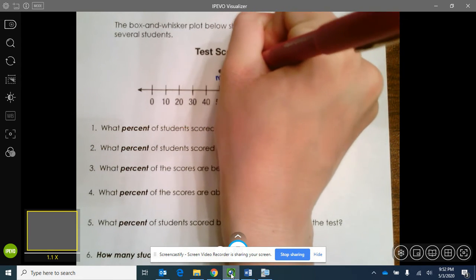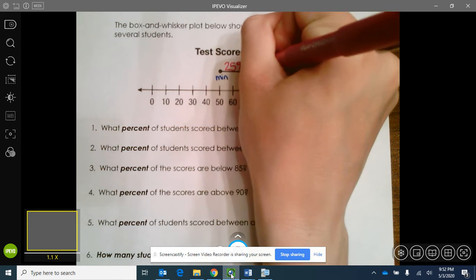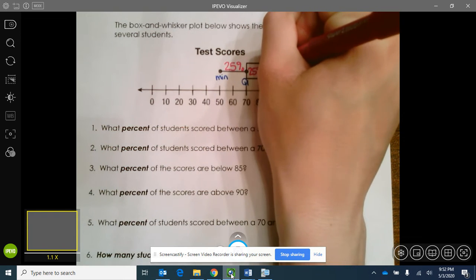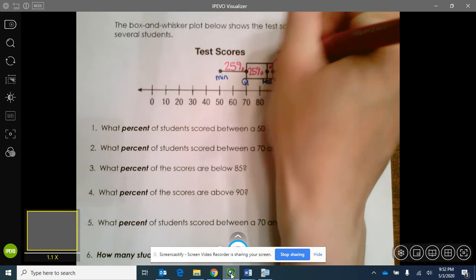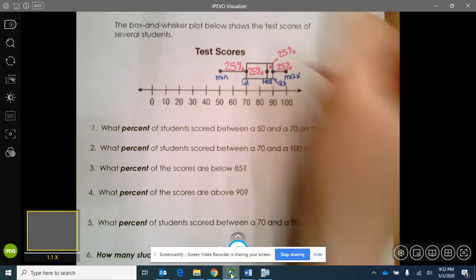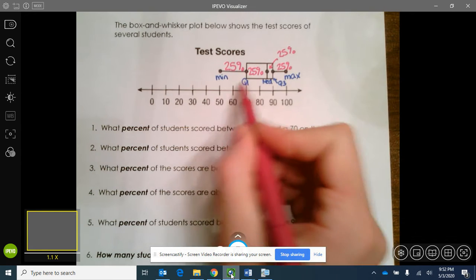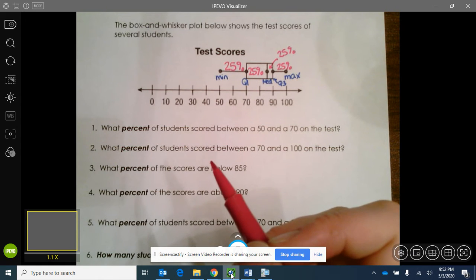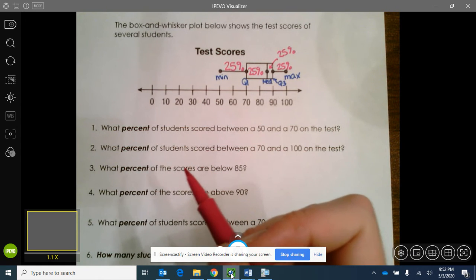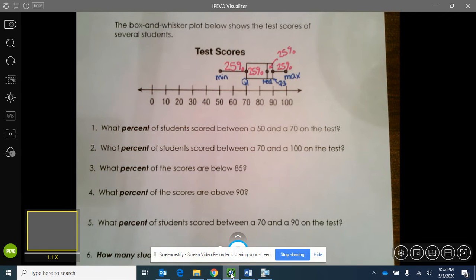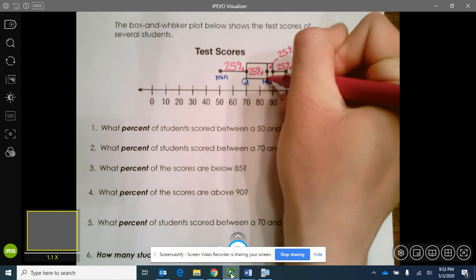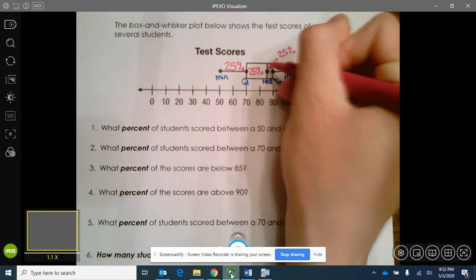So this whisker is 25%, 25%. This half of the box is 25%, and this whisker is 25%. So because all of the data is 100% and this box and whisker plot is split into 4 even parts, each piece is 25%. Now I want you to keep that in mind, because where students get confused is they'll see that this piece of the box is tiny.